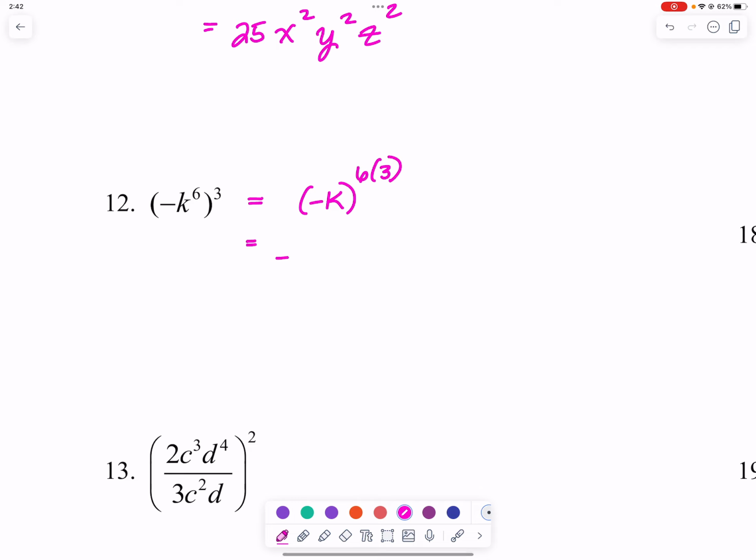So we have negative k raised to the 18th power. And actually, we probably want to take care of this negative sign. Let me do something here real quick.